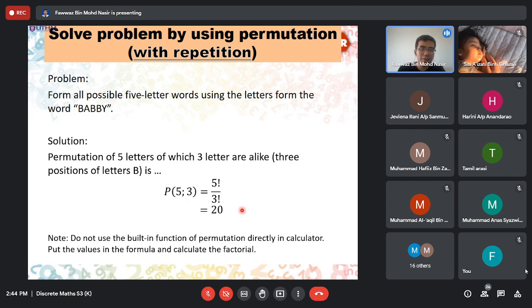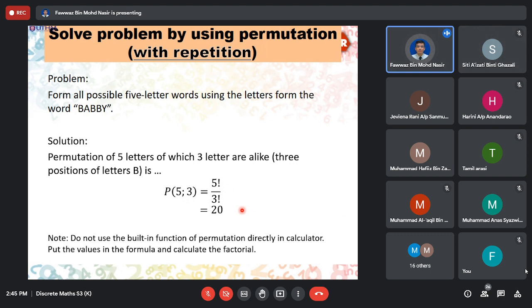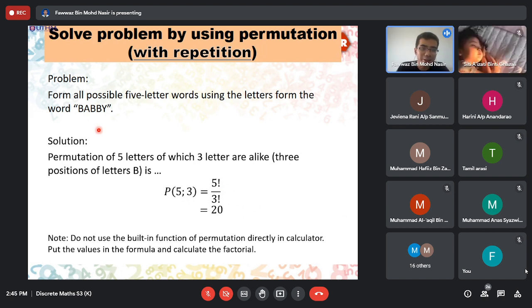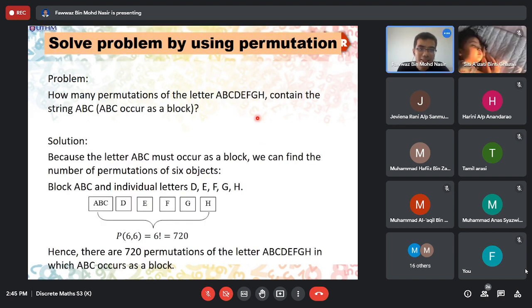Any question before we continue? Sir, yang ni memang untuk setiap soalan bukan ikut soalan kalau ada yang sama. Faham ke? Formula yang macam ni kita kena pakai untuk setiap soalan yang ada repeated elements dalam dia punya set. Untuk set macam contohnya tadi kan, macam ABC ni semua elemen dia distinct, A, B, C, D, E, F, G, H kan.